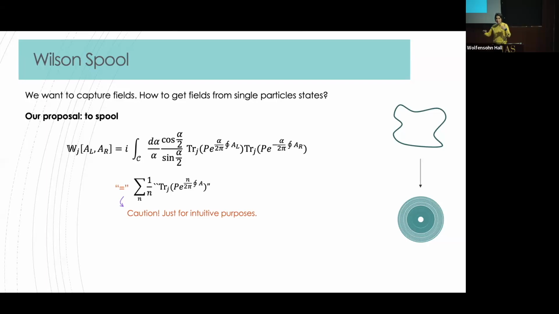And so this gives you the interpretation that if n is equal to 1, I have a single particle state. Then what is a multiple particle state? Basically, wind many times, okay? That's what I'm trying to illustrate in this little cartoon here. So instead of just going once around the loop, the field is basically going n times around the loop, okay?